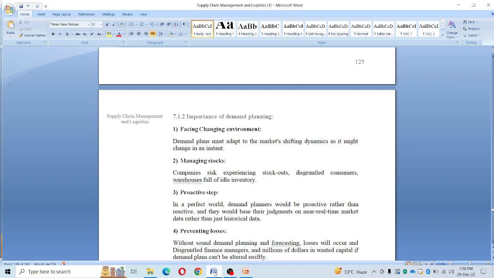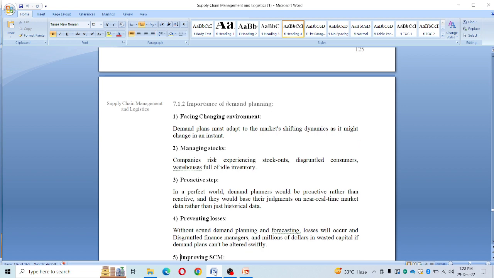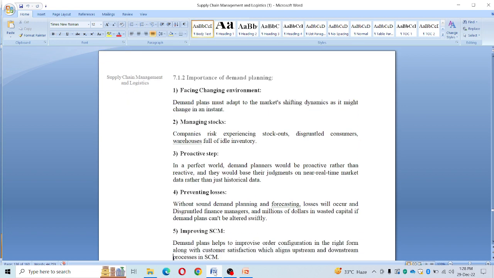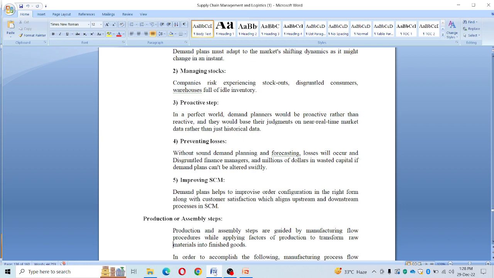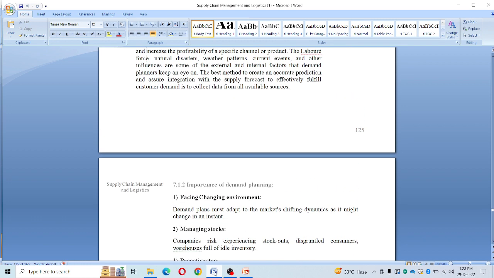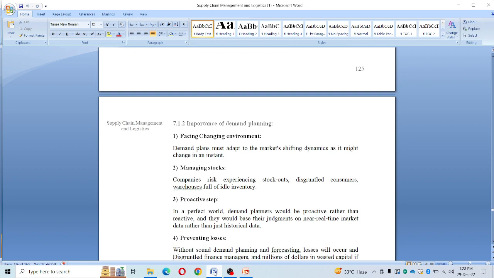What is the importance of demand planning? So we have different factors or different points which are given below. Okay, so very first, it helps you to face changing environment.